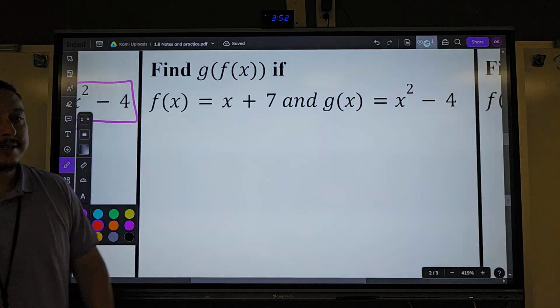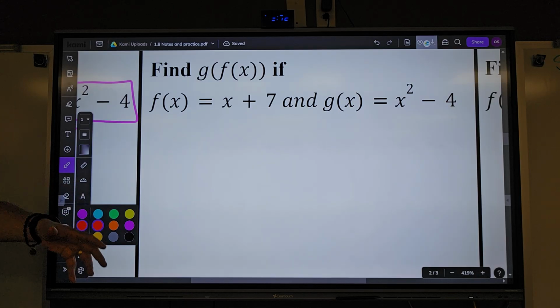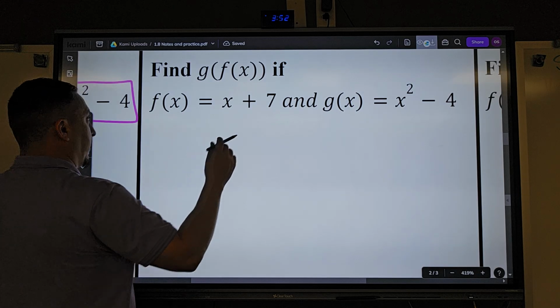Let's try this one. Compose it. So now this one's backwards. The baby's not G, the baby is F. F is going inside of G this time, so it's in the other direction.